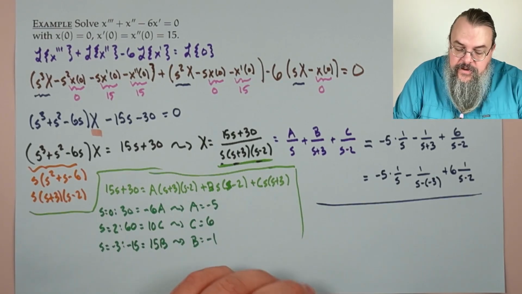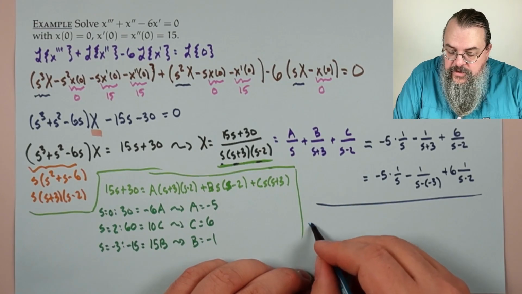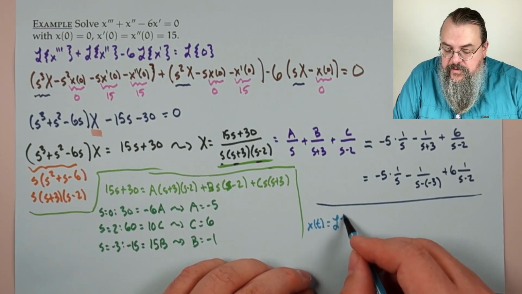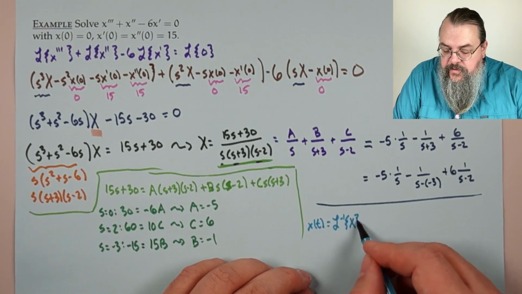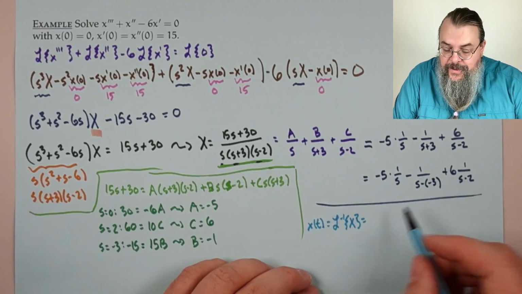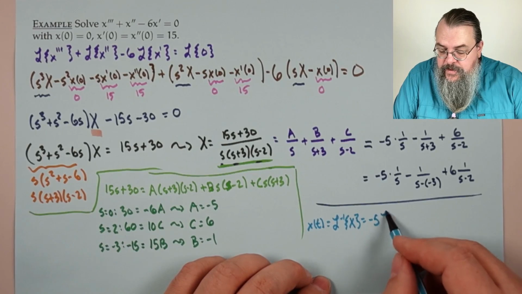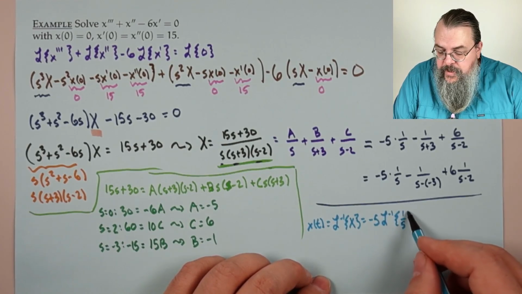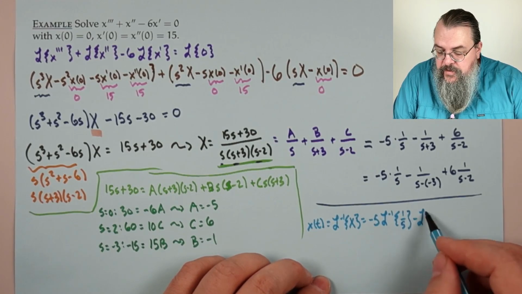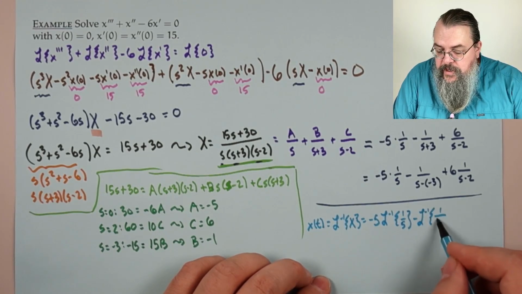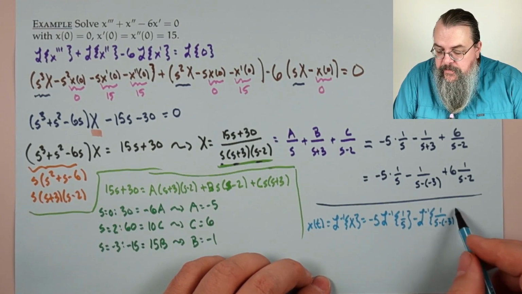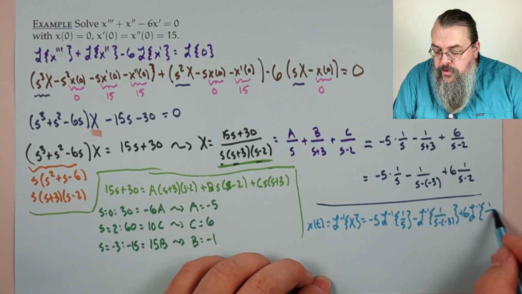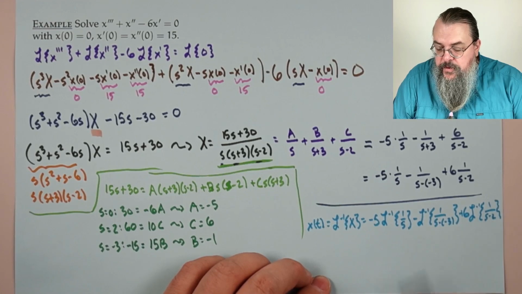So we're now ready to say that our answer to the differential equation, our solution, is the inverse Laplace of capital X. We worked it out. That's negative 5 inverse Laplace of 1 over s, minus inverse Laplace of 1 over s minus 3, plus 6 inverse Laplace of 1 over s minus 2.